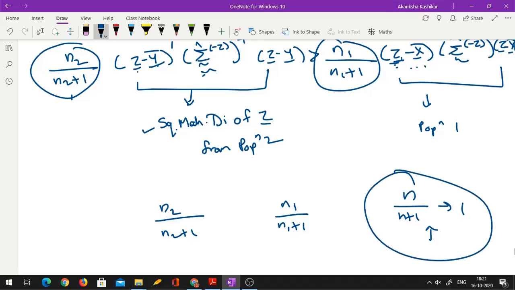Real analysis. So whichever is larger of these two: if N2 is large, this would be large; if N1 is large, this factor would be large. So that is going to contribute like a prior probability.